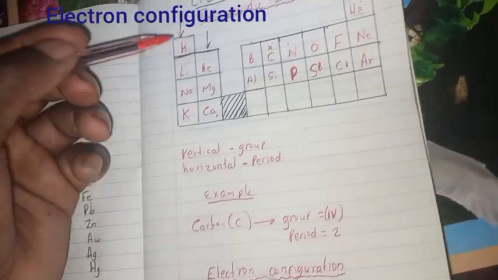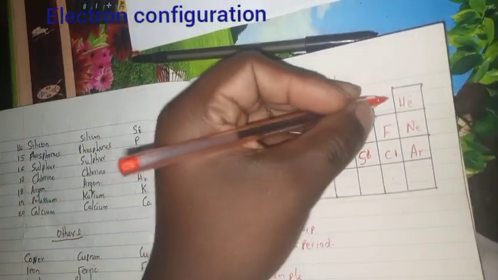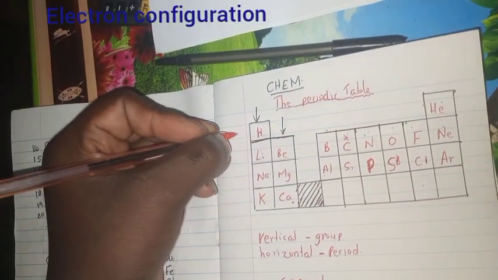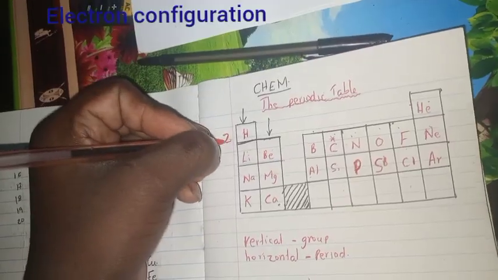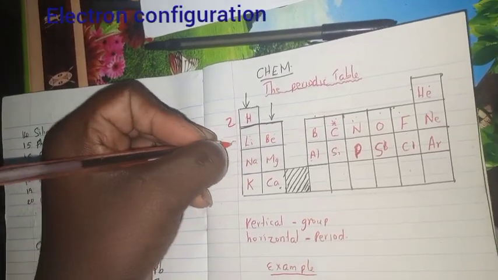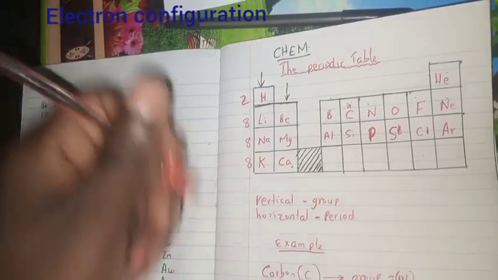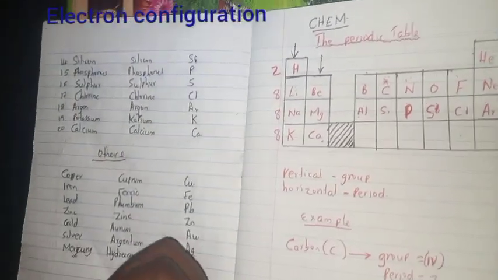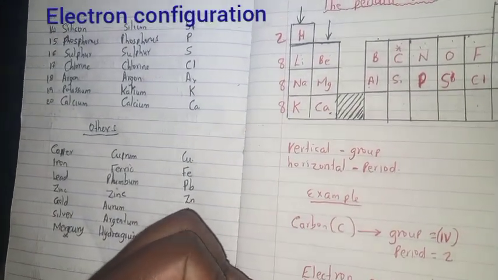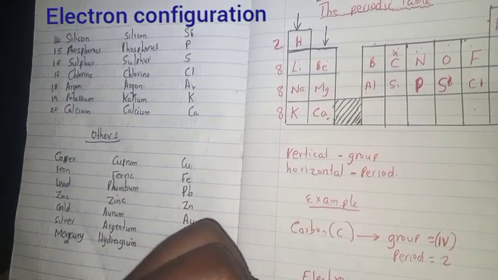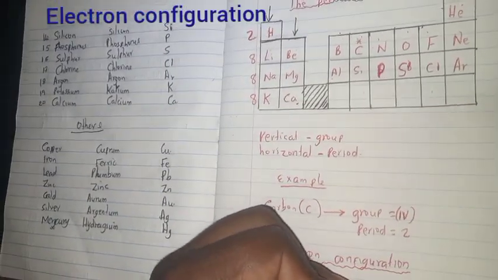You realize that the first period has 1, 2, and that means the maximum that the first energy level can hold is 2 electrons. The second one will hold 8, the third one will hold 8, the fourth one will hold 8, and so on and so forth. If you talk of electron configuration for hydrogen, we will just have 1. For helium we will have 2.